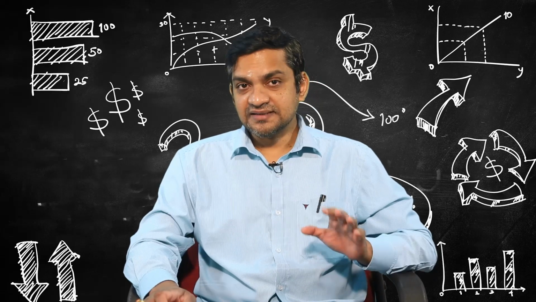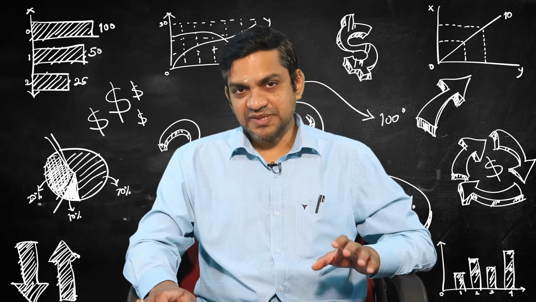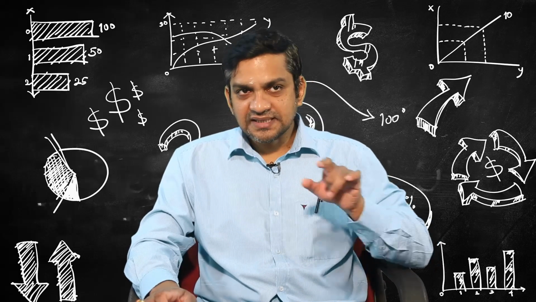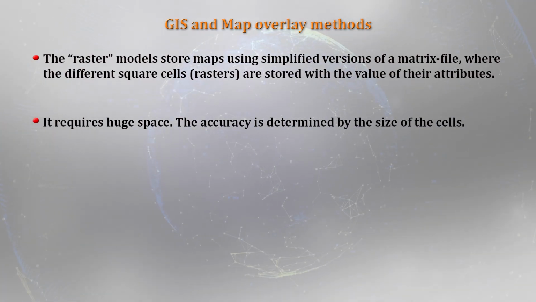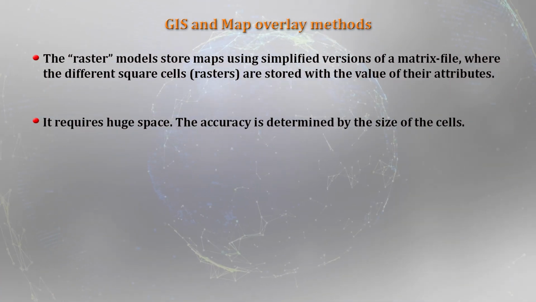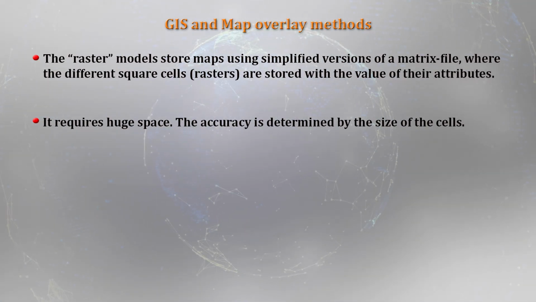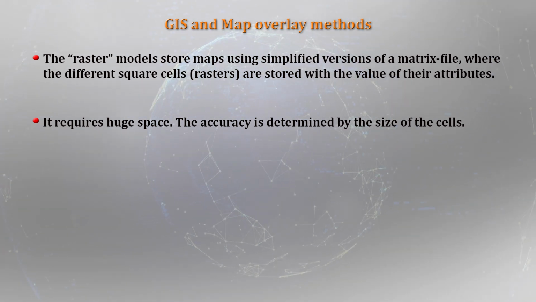So, basically, the raster models involve storing the map information in rasters or small cells. Since it involves small cells, it requires huge space, and that is indeed a limitation of raster models.